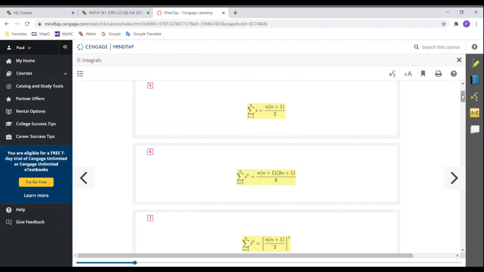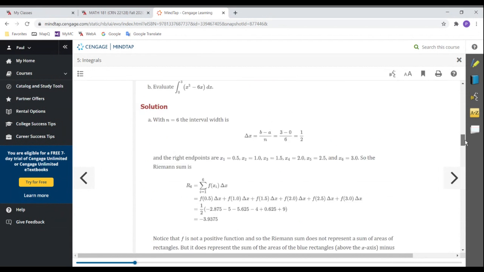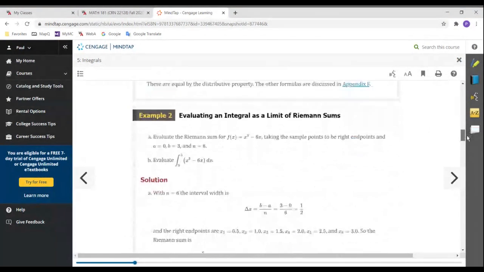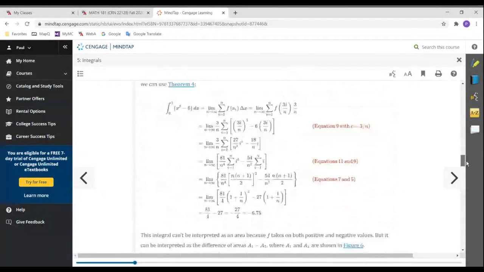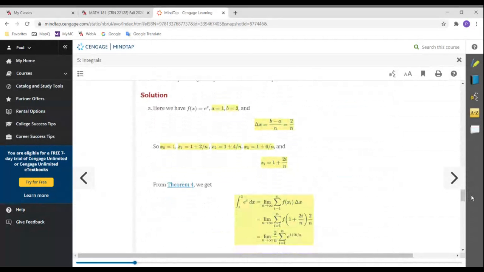We relied on those formulas to write the Riemann sum as a function of n. We have to find an expression for the summations. Well, in example 3, you can't do that easily.